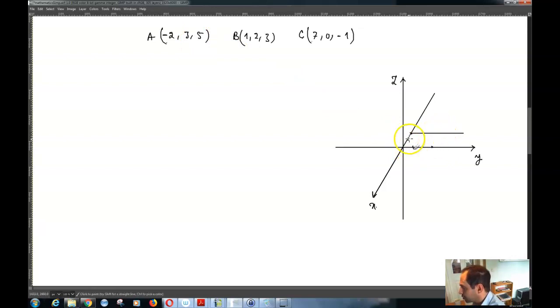A line parallel to the x-axis would be this line over here. So this point is basically the point.